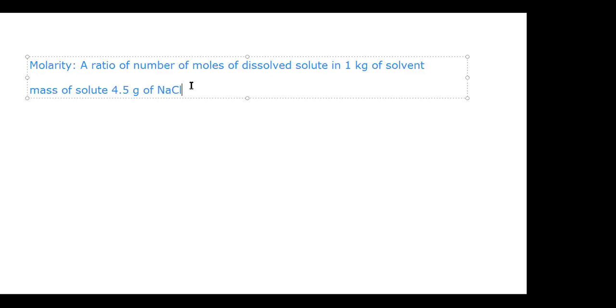So we know that is added to 100 grams of water. Okay, and so we know mass of solvent is equal to 100.0 grams of H2O.